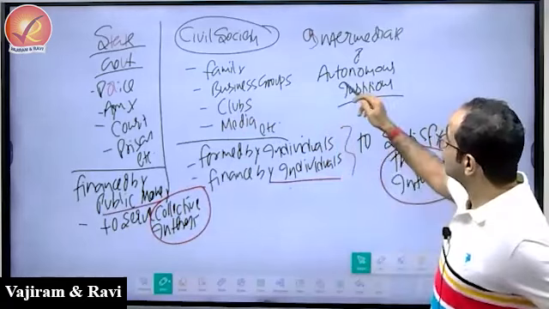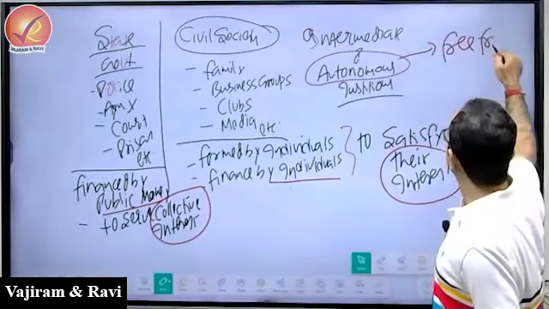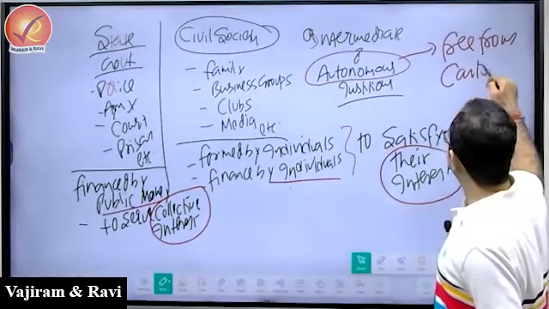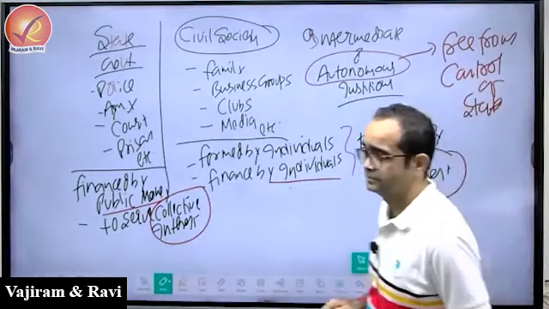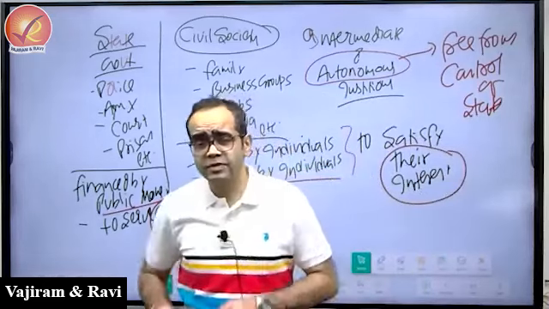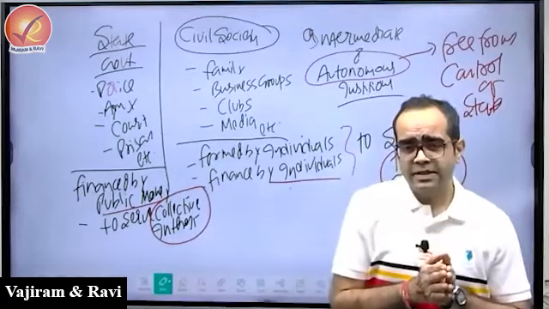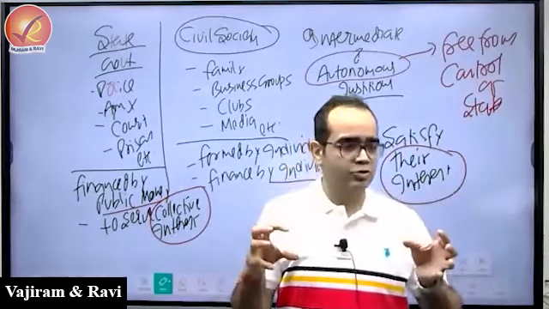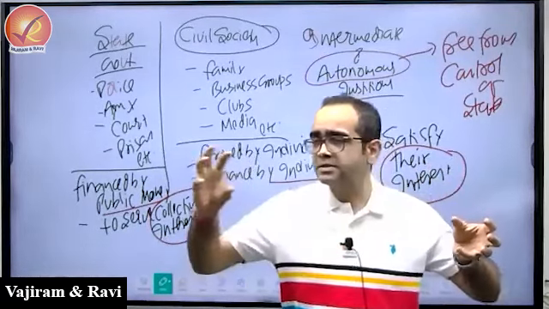I've used the word autonomous. This autonomous means free from the control of the state. So this is the difference between state and civil society. Civil society is basically the set of intermediate institutions which govern the relationship between the individual and the state.